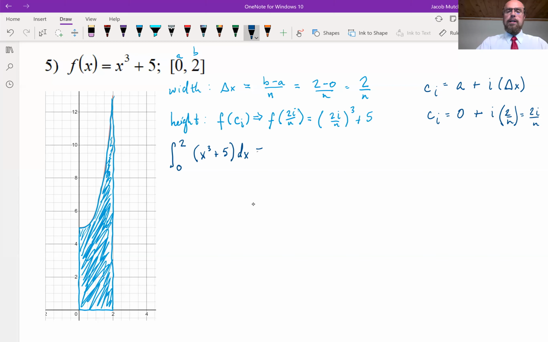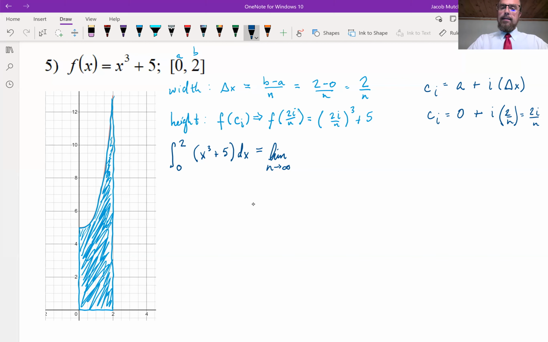But again, we're trying to calculate this using the limiting process, and that goes to the definition of the integral. So we'll set this up as the limit as the number of my rectangles goes to infinity. You can imagine that as our number of rectangles increases, their width is going to get smaller and smaller until they're really just slices that we're adding up.